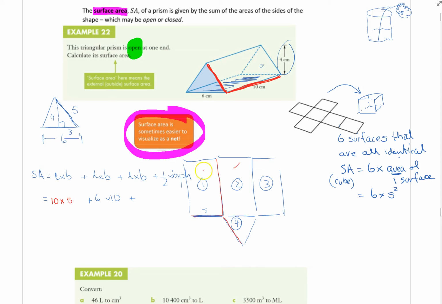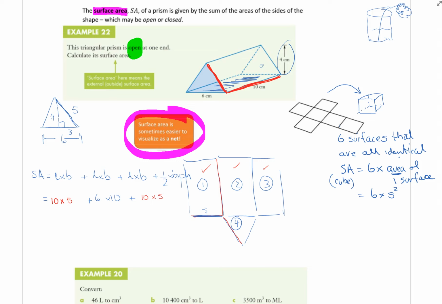So I've done that one. Over here, the one that's sloping at the back, its base will also be 10. It's a rectangle, 10 by, and we're not given any other information, so we know that this is a nice isosceles triangle, and the other side would be 5 as well.